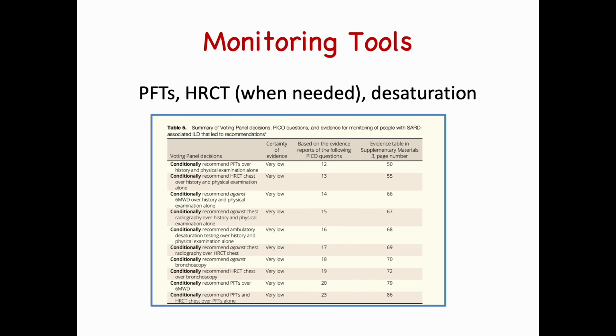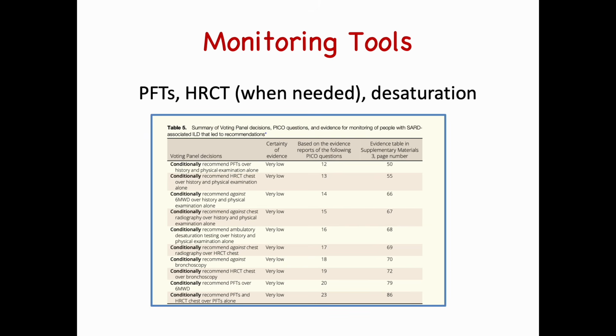They say that don't use 6-minute walk test over a history and physical exam alone. They conditionally recommend against an X-ray over history physical exam alone. Now here they conditionally recommend you can do an ambulatory desaturation testing over a physical exam alone.